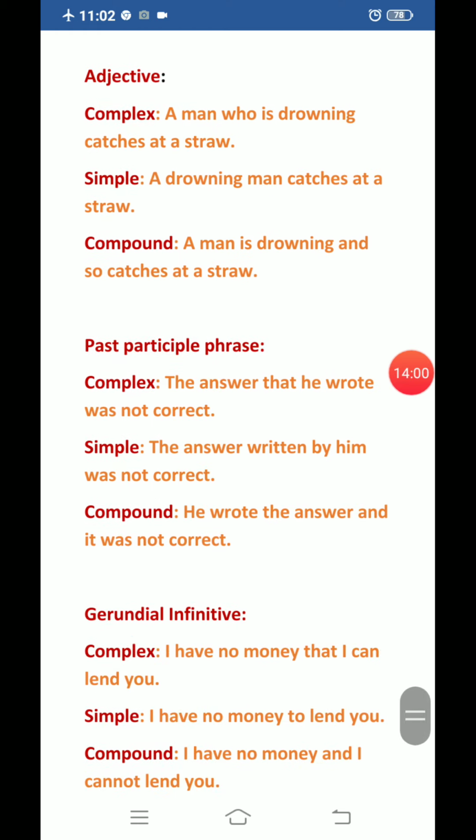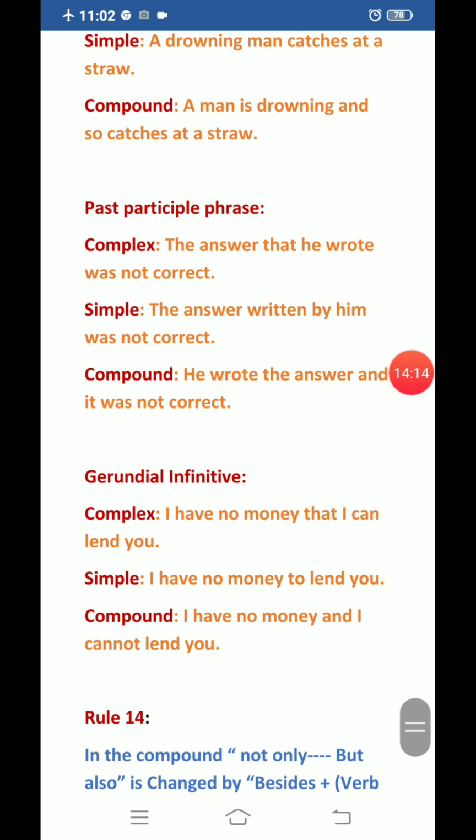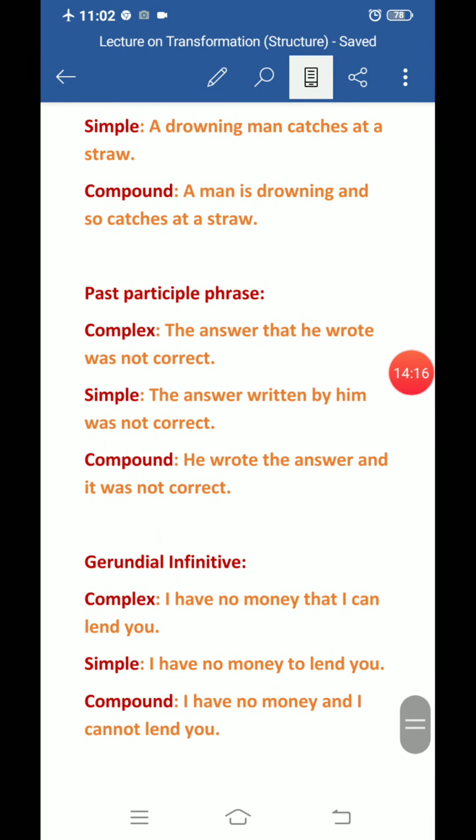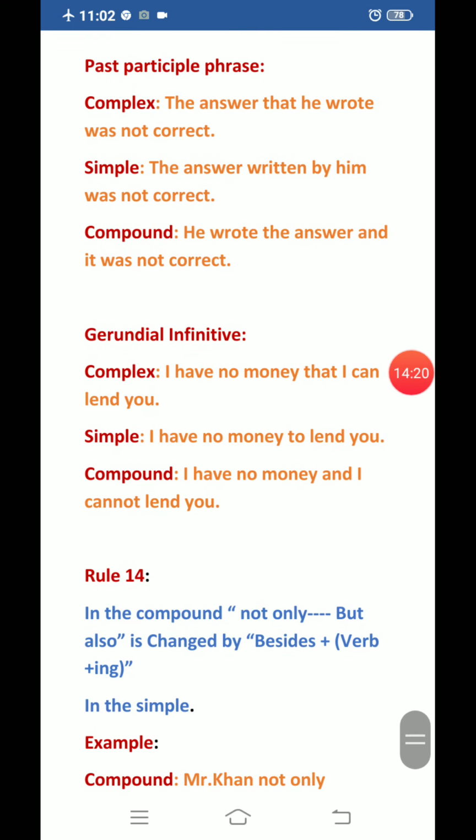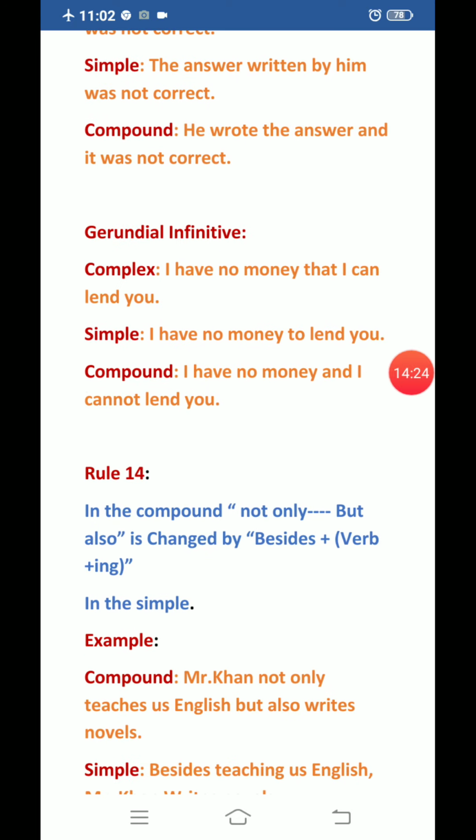Past participle phrase. Complex sentence: The answer that he wrote was not correct. Simple: The answer written by him was not correct. Compound: He wrote the answer and it was not correct. Infinitive.